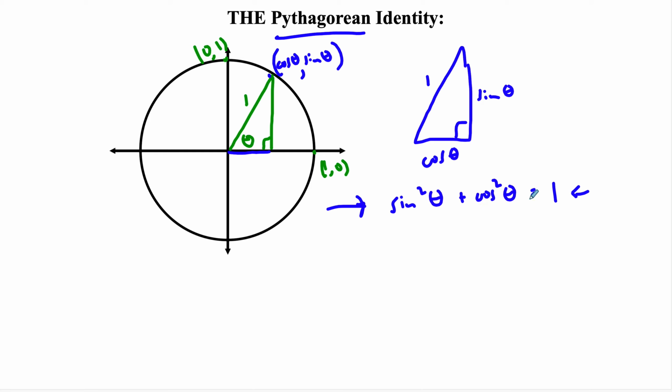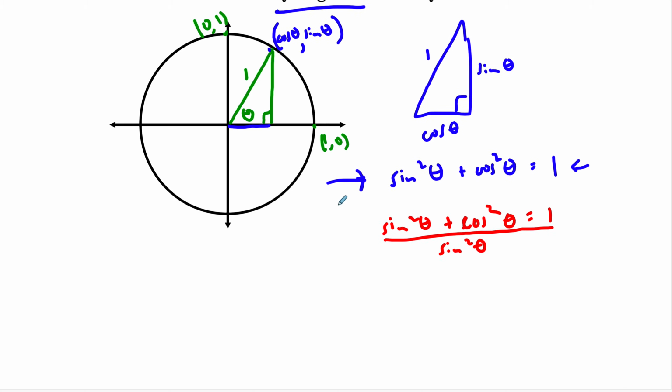It works for all angles. Now, there are two derived ones. What if I take this and divide everything by sine squared theta? Well, I get a different identity that's related, but it's another Pythagorean identity. Sine squared divided by sine squared is 1.